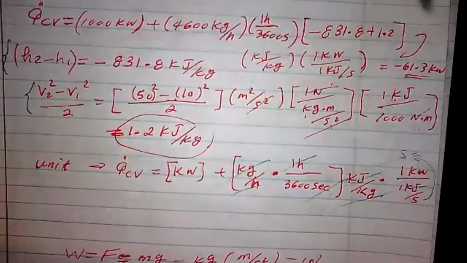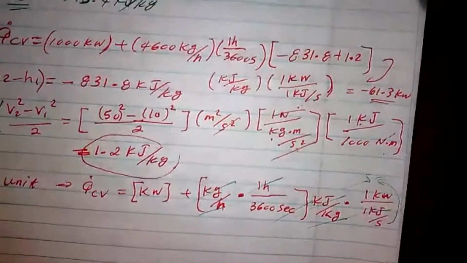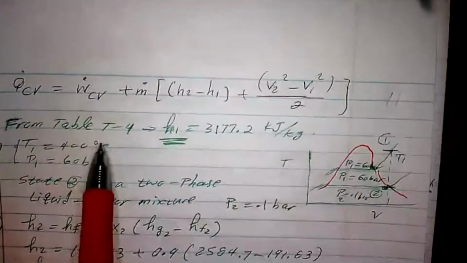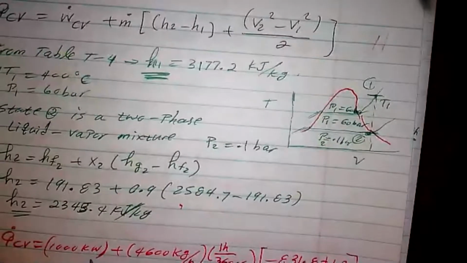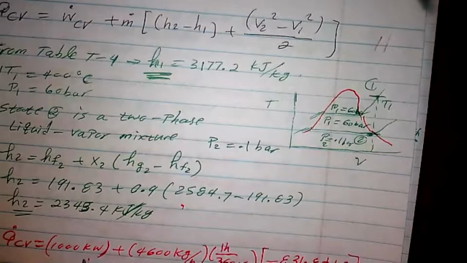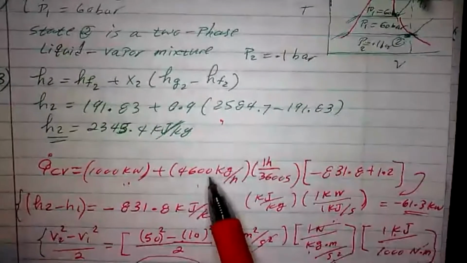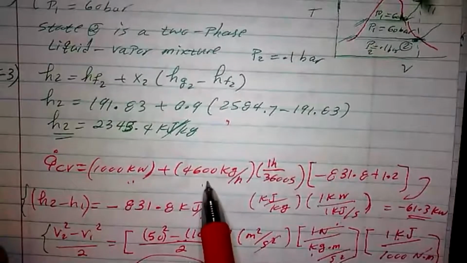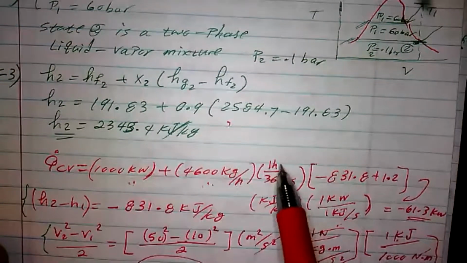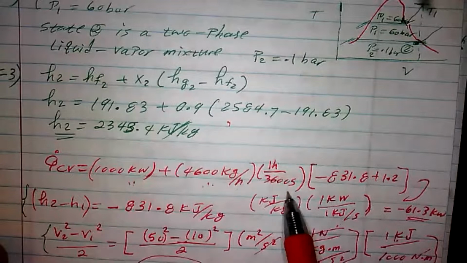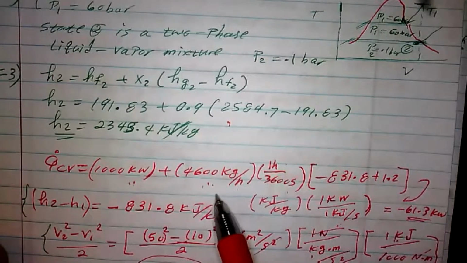Okay, great. Now we go to the original formula here. W dot CV is in kilowatts. Okay, it's given to us. And then we have the mass flow rate at 4,600 kilogram per hour. 1 hour is equivalent to 3,600 seconds, so we can cancel hour with hour.